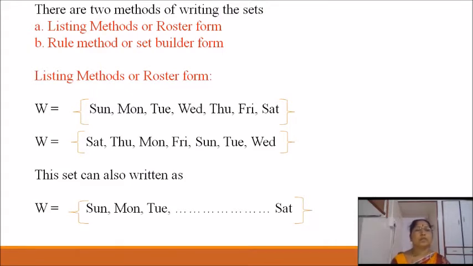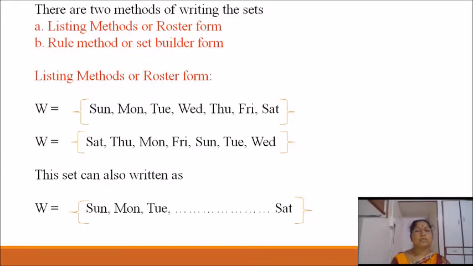W is equal to {Sunday, Monday, Tuesday, Wednesday, Thursday, Friday, Saturday}. And the second time we write W as {Saturday, Thursday, Monday, Friday, Sunday, Tuesday, Wednesday}. That is, the elements of a set can be rearranged. The order of writing the elements is not important here.